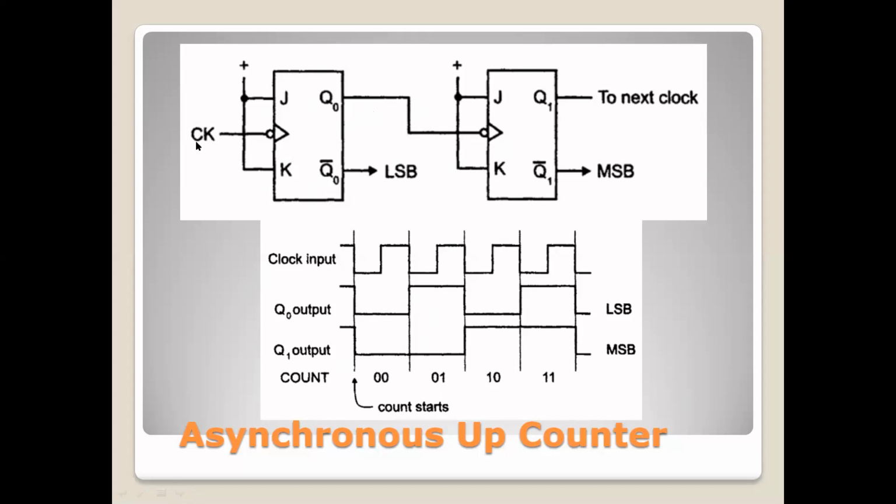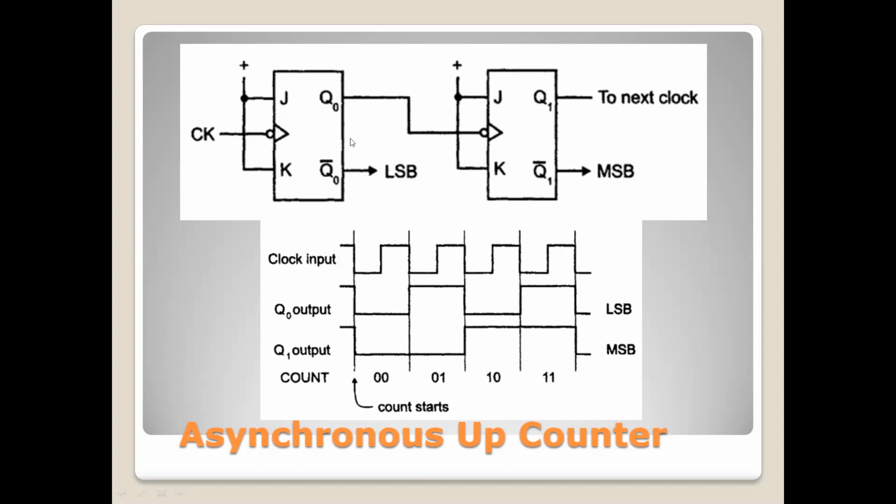How? We are giving the external clock pulse to the first flip-flop. The second flip-flop is triggered from the output of the first flip-flop. That is, the output of the first flip-flop is given to the clock of the second flip-flop. That is how the second flip-flop is triggered. By seeing this, we can understand that this is an asynchronous counter.